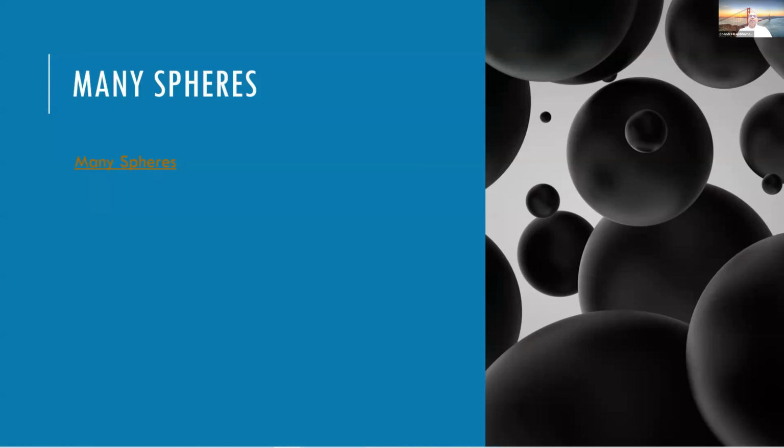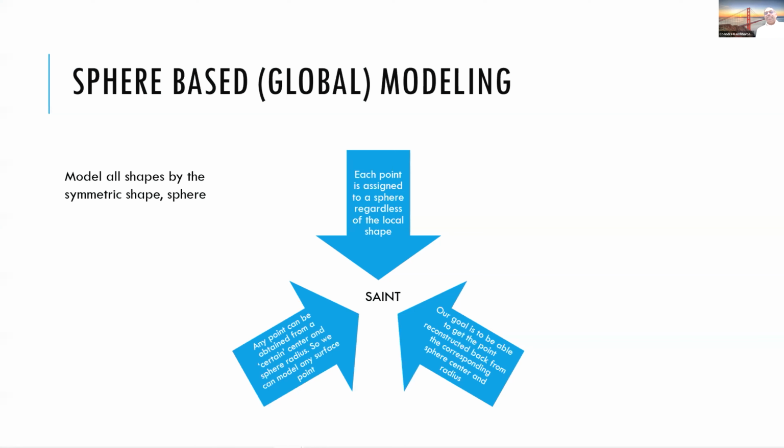Yes. Okay. Thanks. So essentially, each point is assigned to a sphere regardless of the local shape. By the way, if I put a big sphere here, I can get that blackboard and this blackboard, right? So my topology is completely changed.